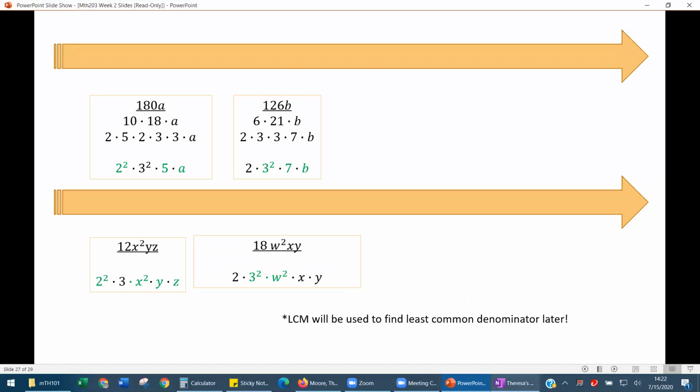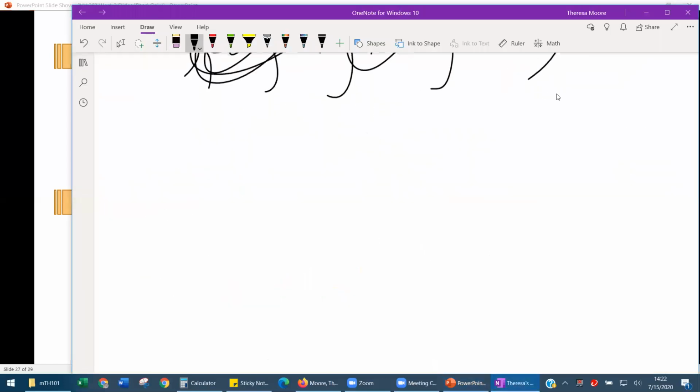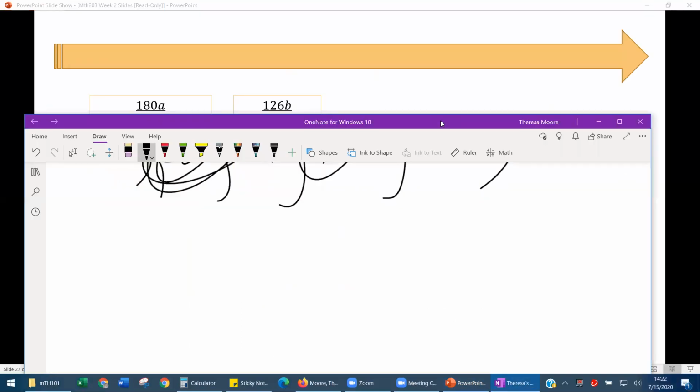So let's look at these two numbers. I want to know the least common multiple of 180A and 126B. So I break them down to their primes.